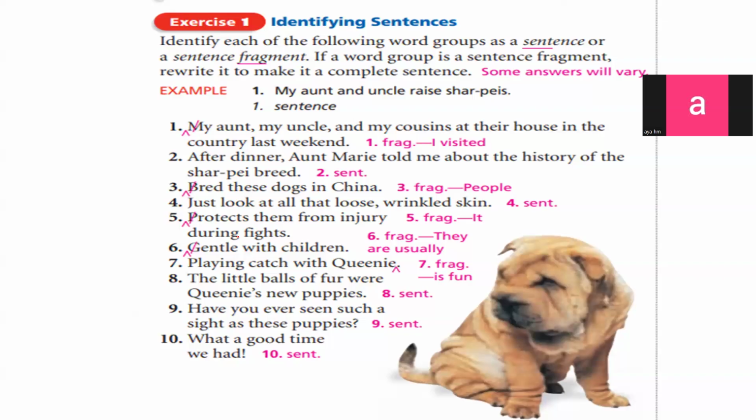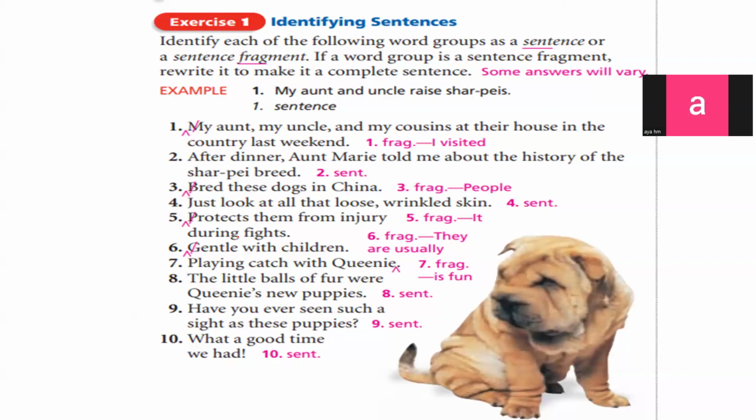After dinner, Aunt Mary told me about the history of the Sharpei breed. So it's a sentence. She told me, and it expresses a complete thought. So here, bred these dogs in China. Who bred these dogs in China? Who? So it's a fragment. We can put people.